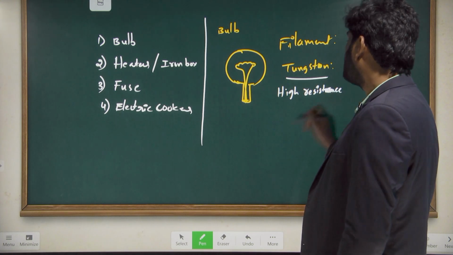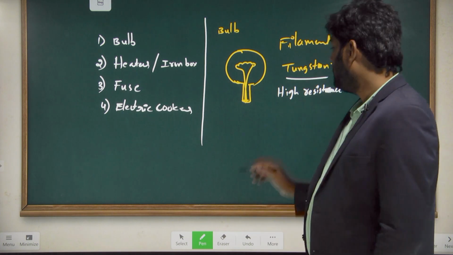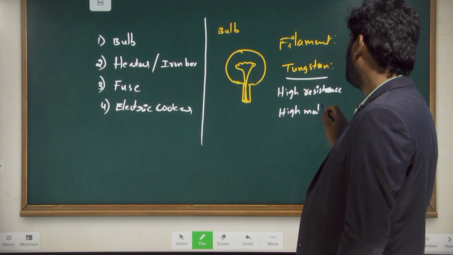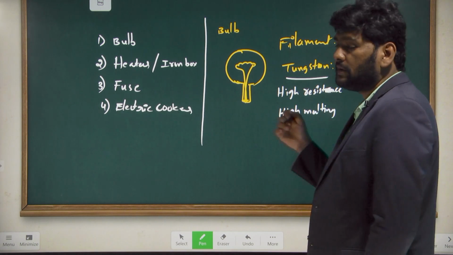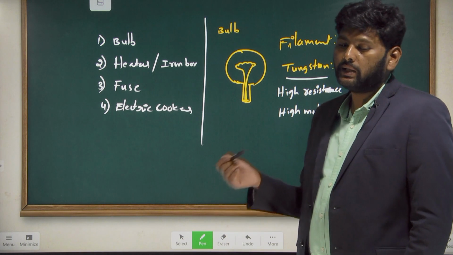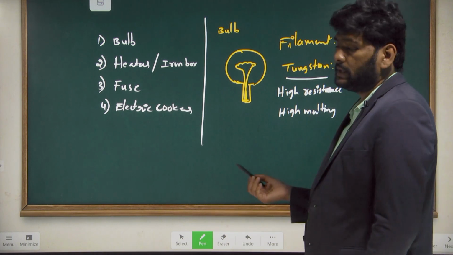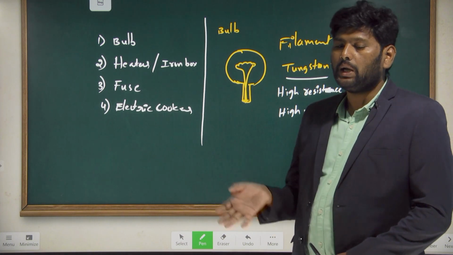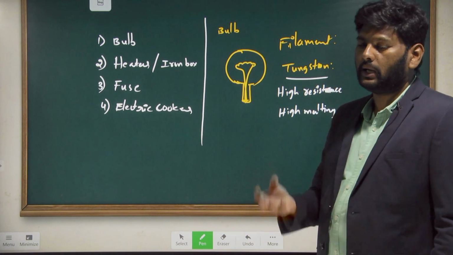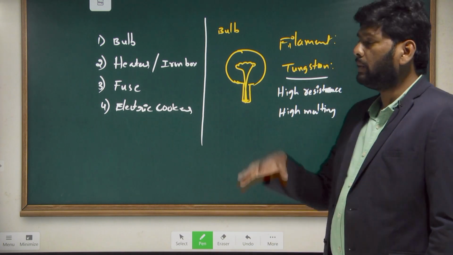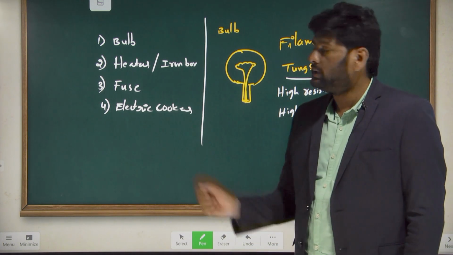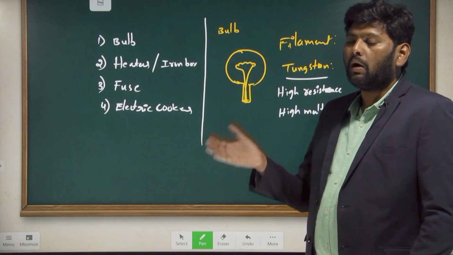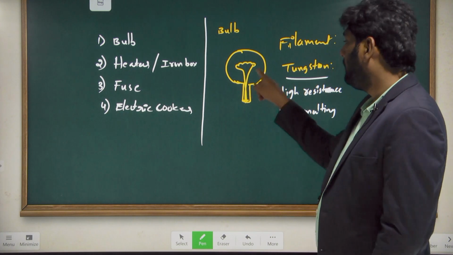Tungsten has high resistance and also a high melting point. Because of the high resistance, when you send electrical energy, the total energy which we send through the electricity is obstructed by this high resistance filament. Due to the obstruction, all the energy will drop across this filament.